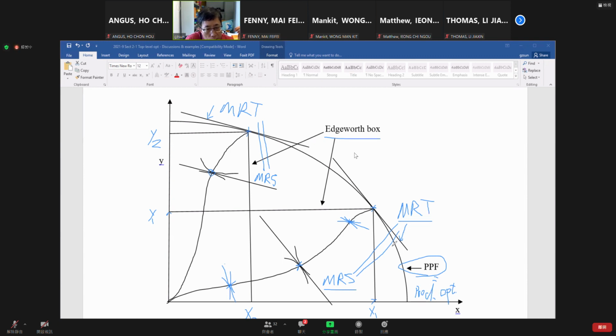Exchange optimal is, for any given point along the PPF, we can draw the box and then draw the figure. This is exchange optimal. And the top level means we must consider simultaneously, at the same time, both production and consumption.